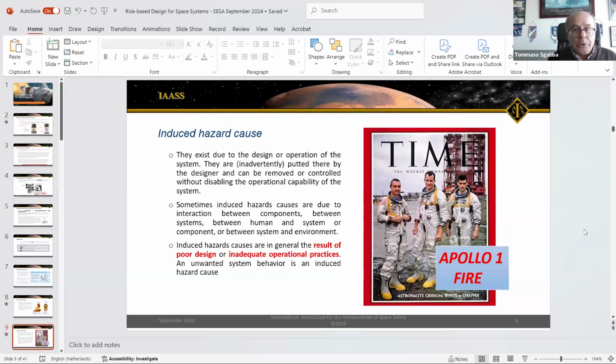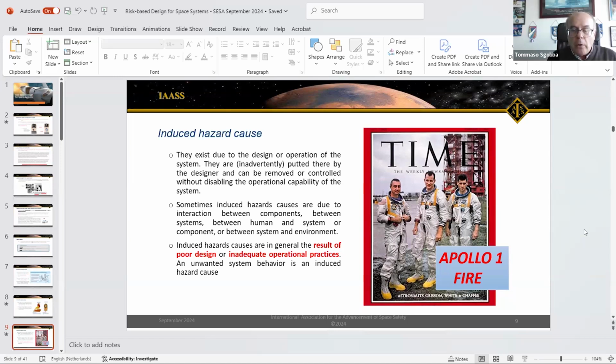Induced hazard causes. If you use a pressurized atmosphere of oxygen with flammable material and some combustible fuel, etc., you have the condition for a fire. And this is what happened with the Apollo 1 accident in 1967.